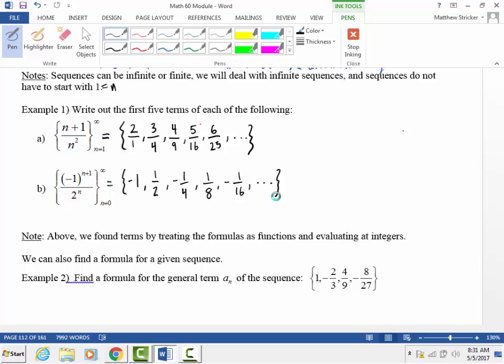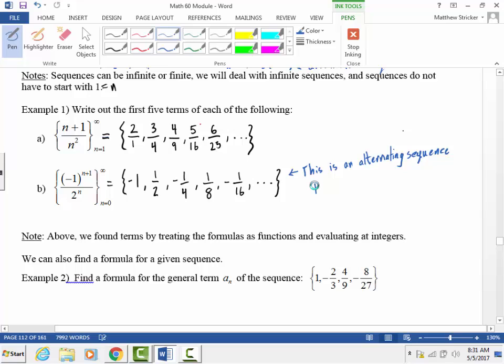This is what we call an alternating sequence. And we call it alternating because what alternates? Yes, the signs alternate. So this is an alternating sequence. The signs alternate. Okay?